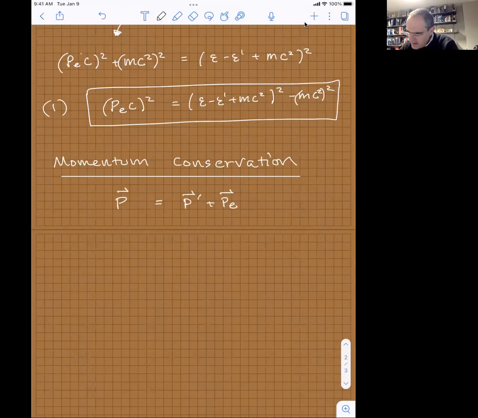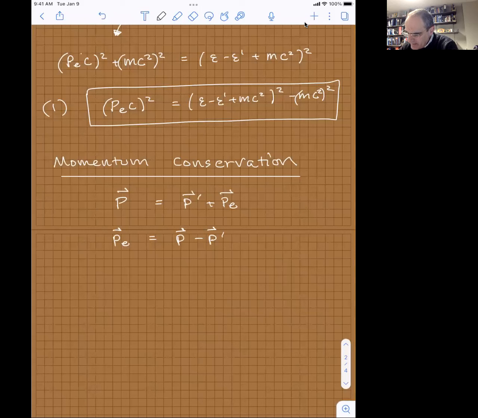Or P_e is equal to P minus P prime. So these refer to the momenta of the gamma ray. Now, I'm going to square this because I want to make it look as much like equation 1 as I can. We're going to use a trick.